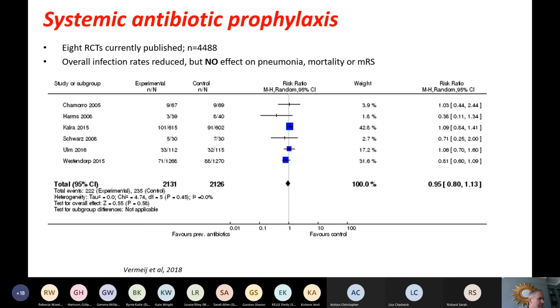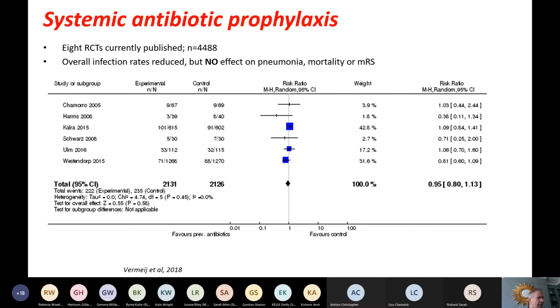And interestingly, there's been a number of trials that have done this. The vast majority have been in unselected stroke patients, which, if you think about it, might not be the right group to study, because you might want to study people at particular risk of SAP. And in fact, only one of these trials, which was STROKE-INF, selected only dysphagic patients.